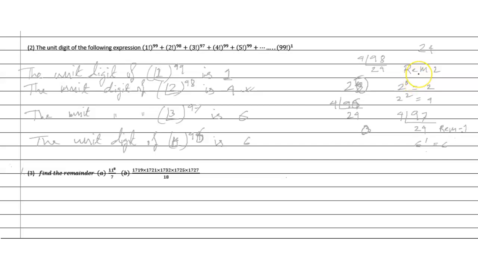So 96 is divisible by 24. So that is 6. This portion is also 6.